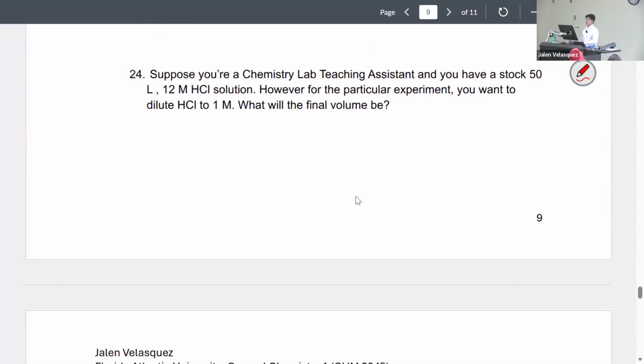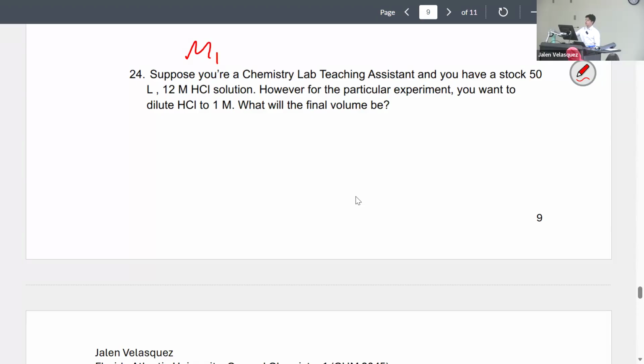All right, 24. Suppose you're a chem lab TA and you have a stock 50-liter, 12 molar HCl solution. For the particular experiment with your students, you want to dilute HCl to a final concentration of 1 molar. What will the final volume be? So what are we going to have to use here? Dilution, right?